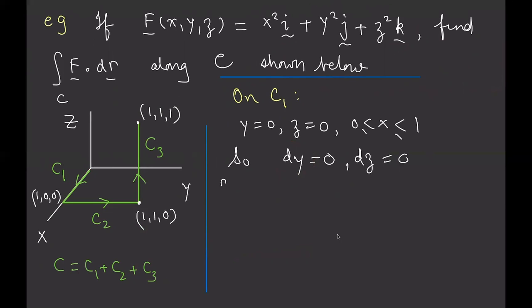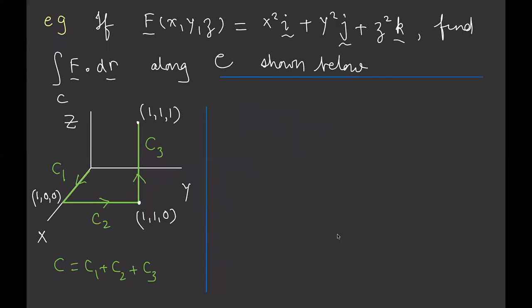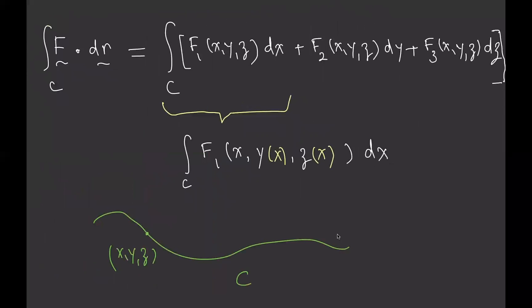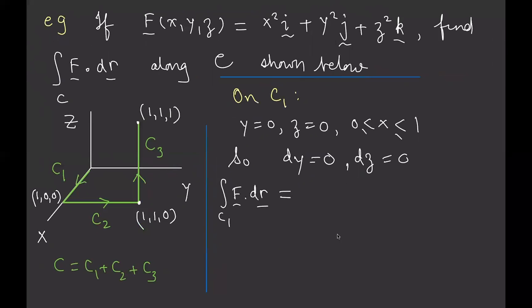Okay, so this tells me that when I'm doing this integral along C1, when I take f dot dr, of the three terms, f1 dx plus f2 dy plus f3 dz, I'm supposed to have those three terms, but dy is equal to 0 and dz is equal to 0. So I'm only left with the first term.